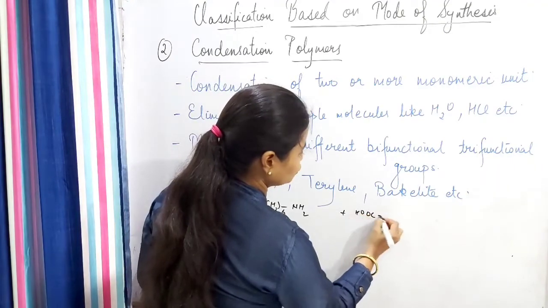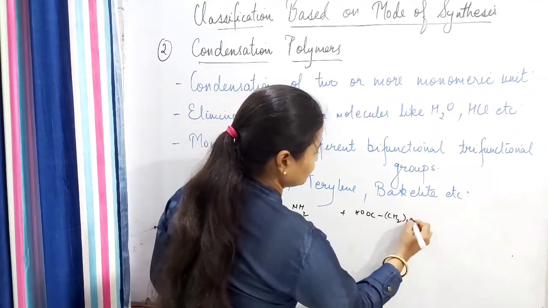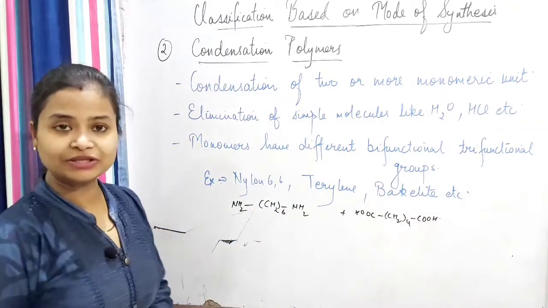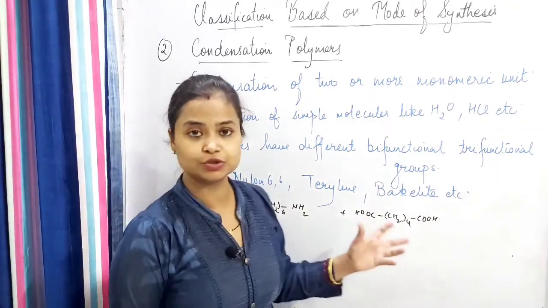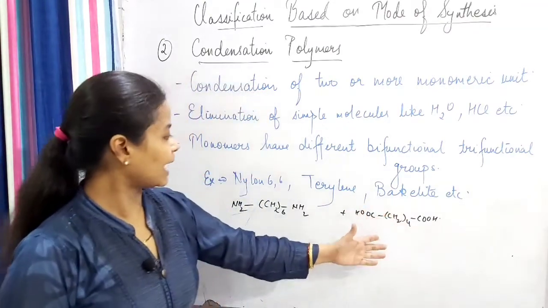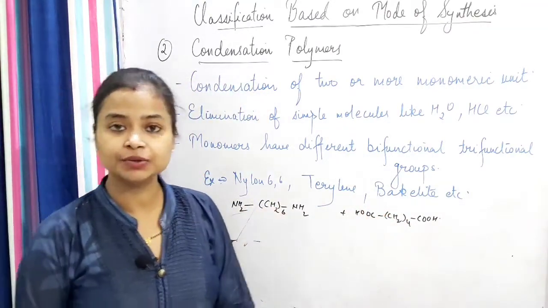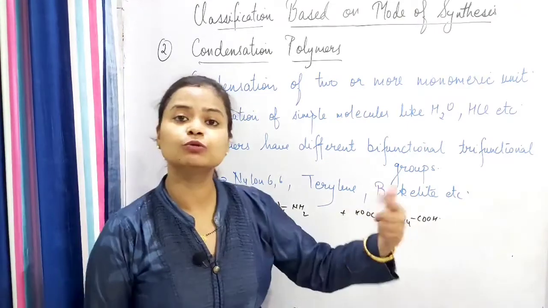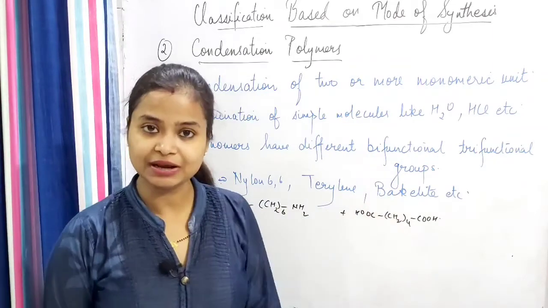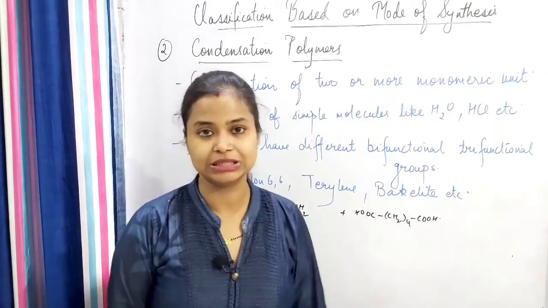Adipic acid was also bifunctional. Remember when they were combining, H was eliminated from NH and OH from COOH. So overall, when one adipic acid and one hexamethylene diamine unit combined, one H2O molecule was eliminated. We will see this in detail. Their reactions we are going to see further.